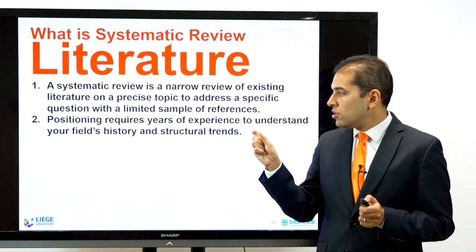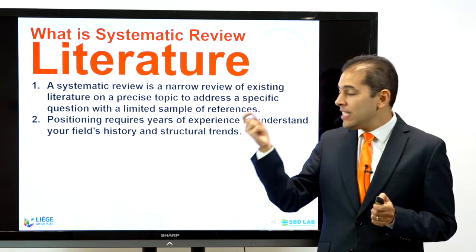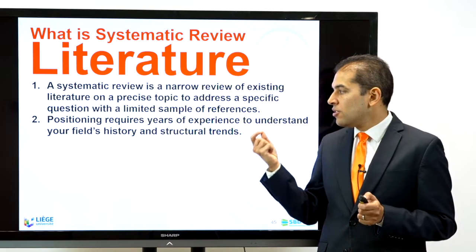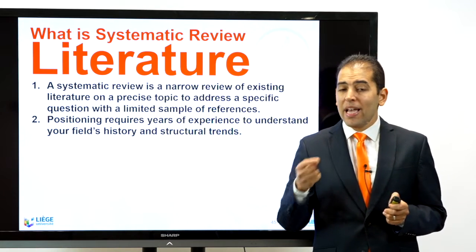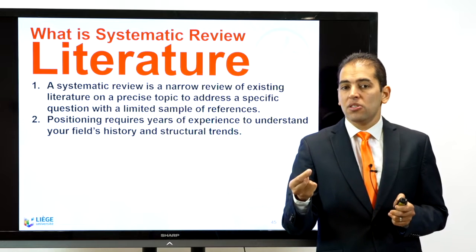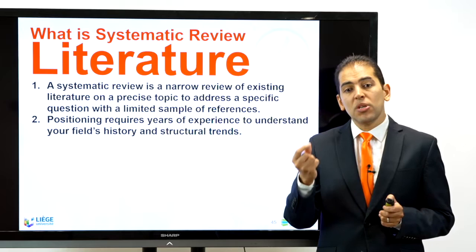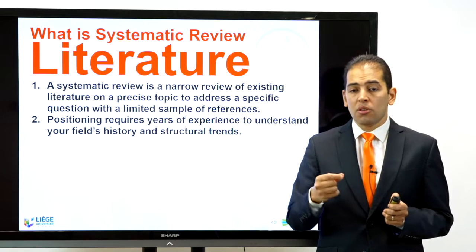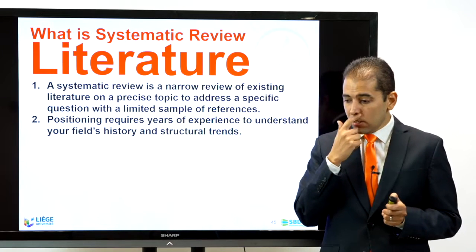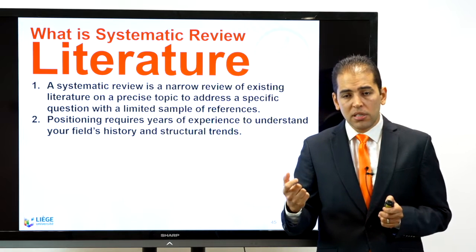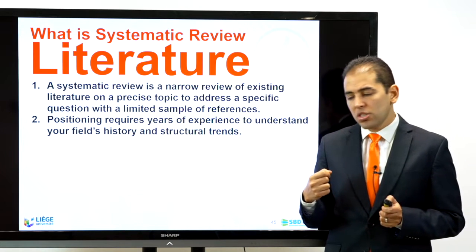You need to position yourself because positioning requires years of experience to understand your field's history and structural trends, and most of the time a systematic literature review needs to be conducted by experienced researchers or at least experienced co-authors, so that they are compensating for the lack of experience, for example, for early career researchers who are leading, for example, or a part of the authorship team.